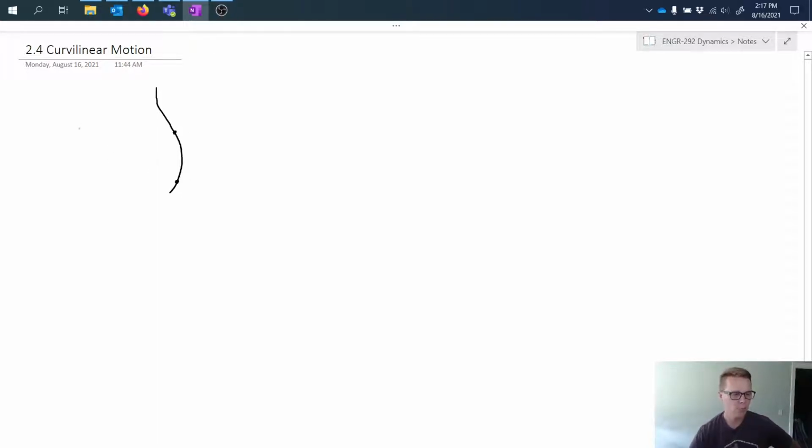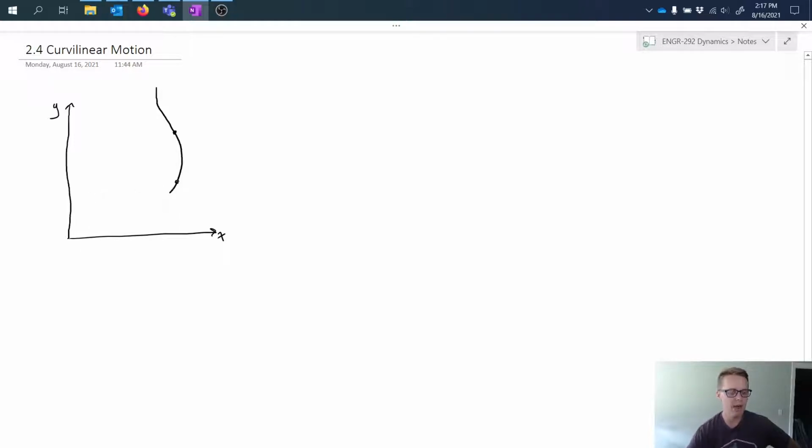Now, we want some way to specify what's happening here, so I'm going to go ahead and draw a coordinate system. In this case, I'm going to use an XY coordinate system. Again, for my example here, it's just arbitrarily placed.